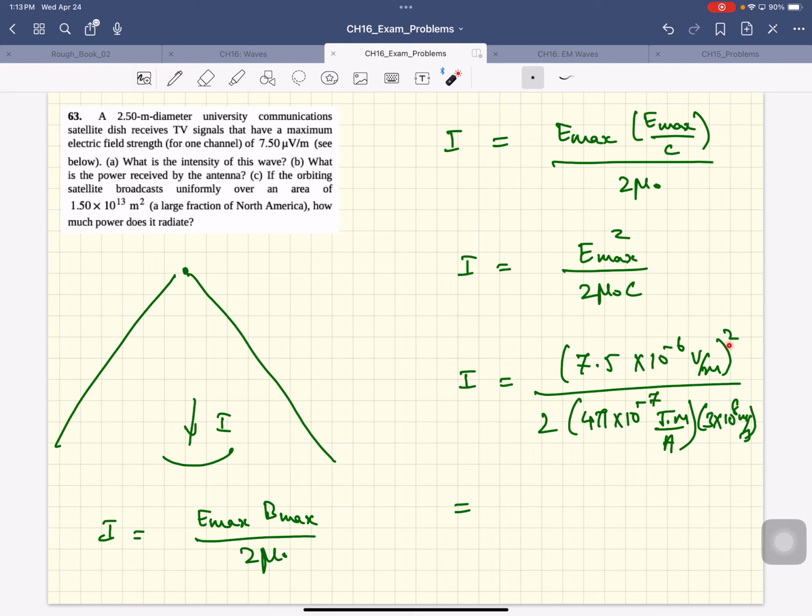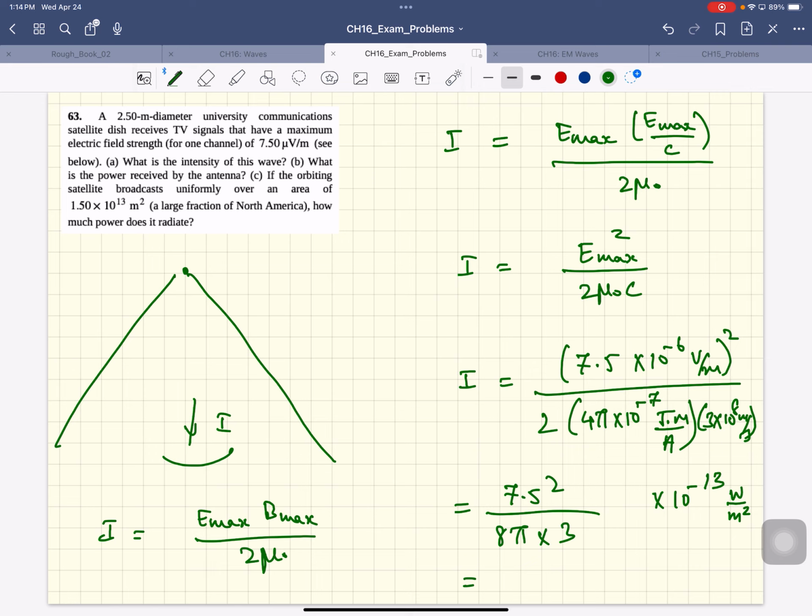And then another 8 comes up there, so that's 10 to the minus 13, and that's watts per meter square. 7.5 squared divided by 8 pi into 3.